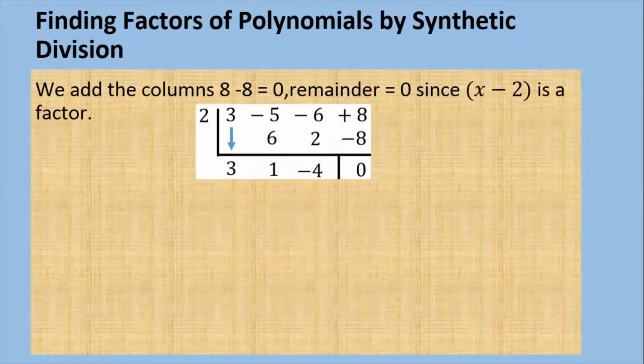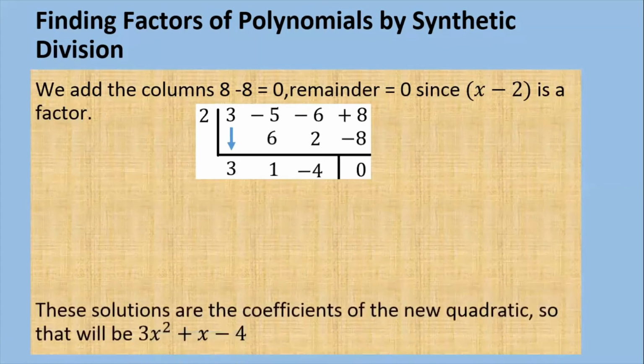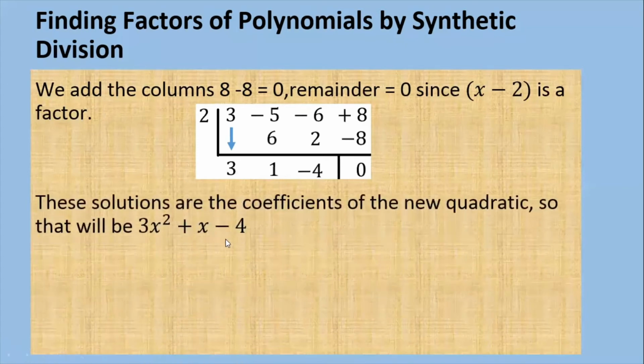And that's normal because when you divide a polynomial by a factor, you have a remainder of 0. Good? So the 3, 1, and minus 4 are simply the coefficients of your quadratic. Simple, right? These solutions that you see are the coefficients of the new quadratic.